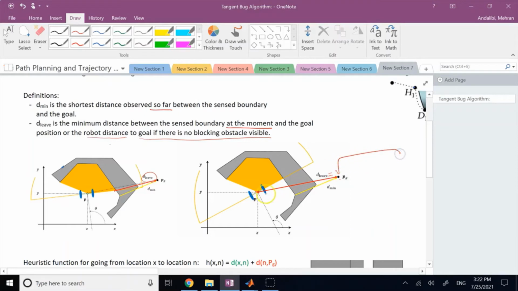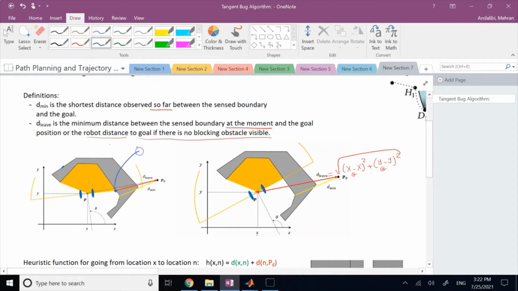Here this d leave is the square root of, if you call your robot P, with location x and y, simply (xg minus x) squared plus (yg minus y) squared. Okay, this is d leave, but this d leave is between a sensed boundary. So what you have here is this endpoint.